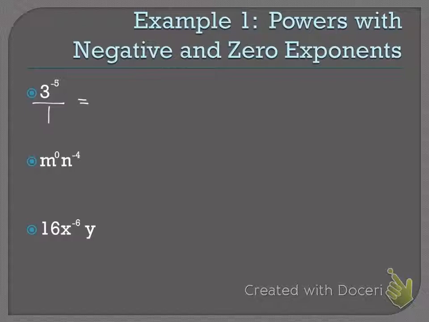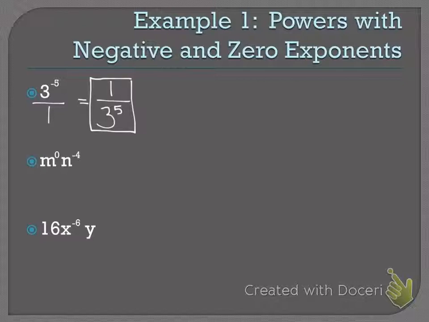My instructions say, write the expression using only positive exponents. I'm not worried about solving or evaluating anything, but I'm writing the expression using only positive exponents. So what do we just say we can do? We can move 3 to the negative fifth to the denominator, and we can make it 1 over 3 to the fifth. And that's our answer. That's it.